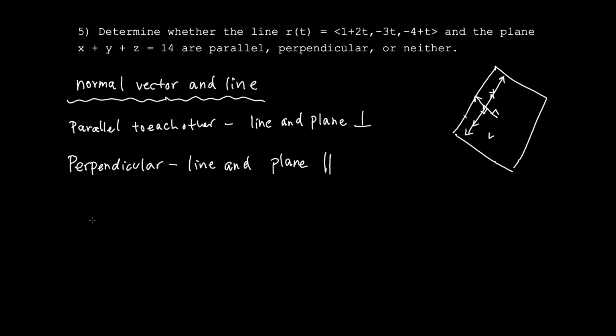The line is given by r of t equals 1 plus 2t, negative 3t, negative 4 plus t.